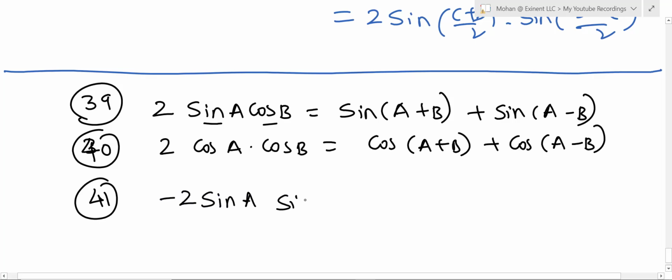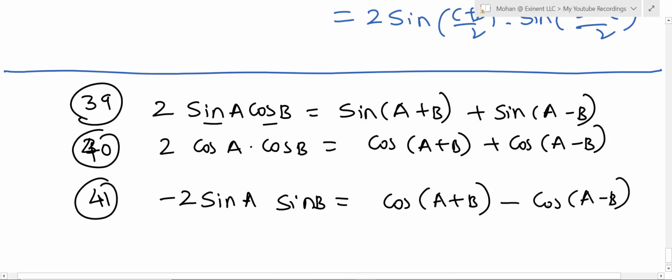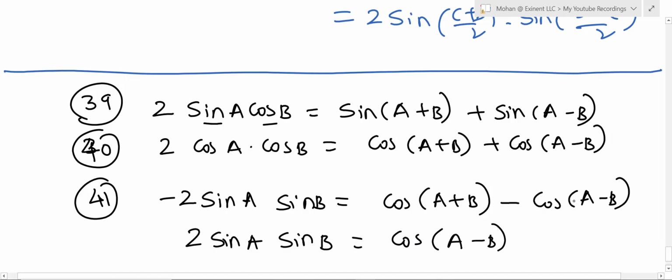Minus 2 sin A sin B will become cos of (A plus B) minus cos of (A minus B). But if I want only 2 sin A sin B, I can multiply minus on both sides. That time it will become cos of (A minus B) first, minus cos of (A plus B).